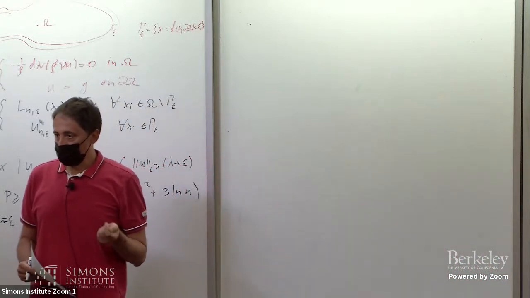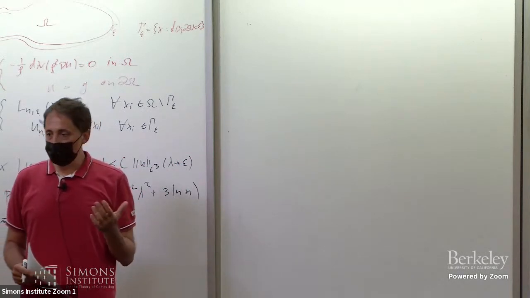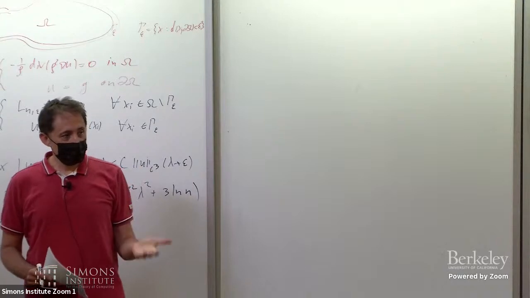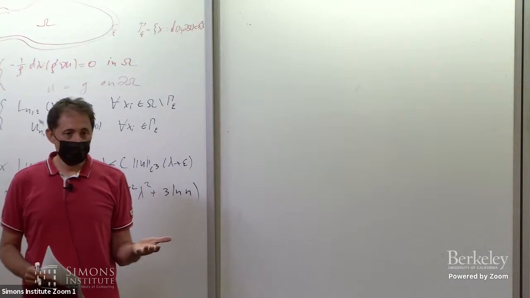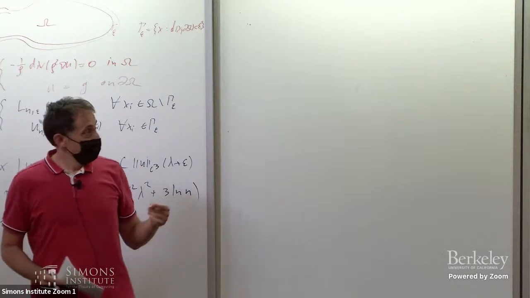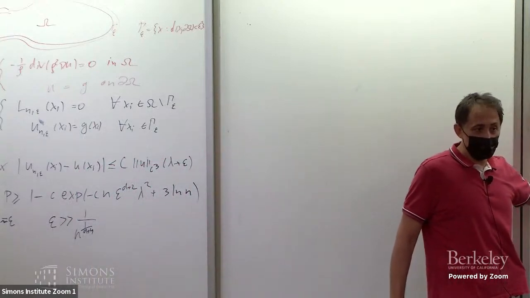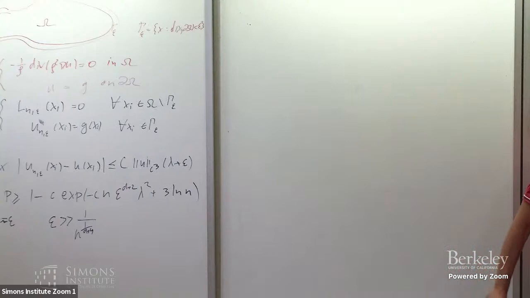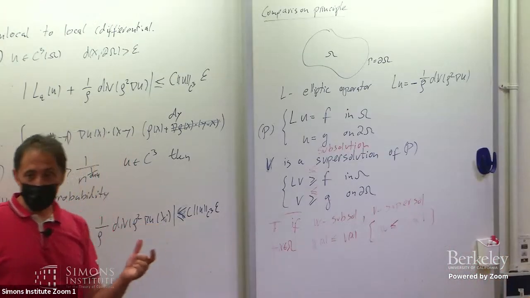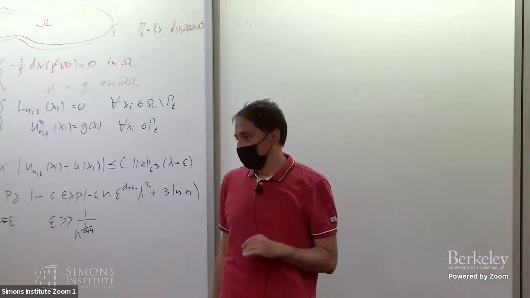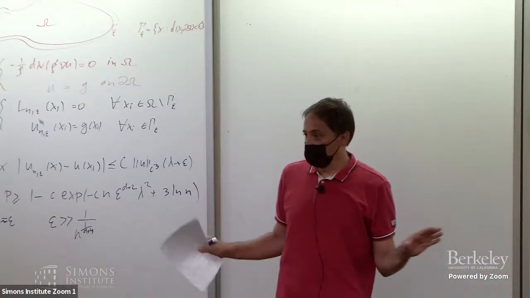And then I will show that I could use those continuum super solutions to create discrete super solutions. If I downsample the continuum super solution to the discrete space, then these estimates will be enough. These estimates will tell me how much of the super I need in order to have a discrete super solution. And then I will know that my discrete solution is between the two.